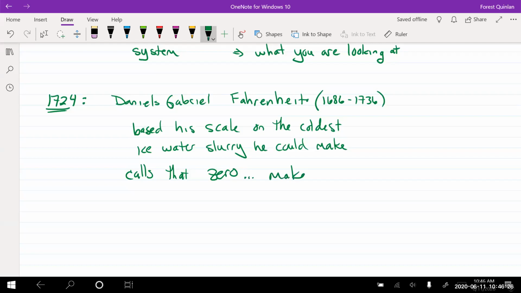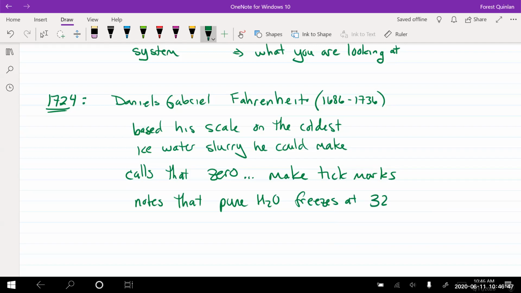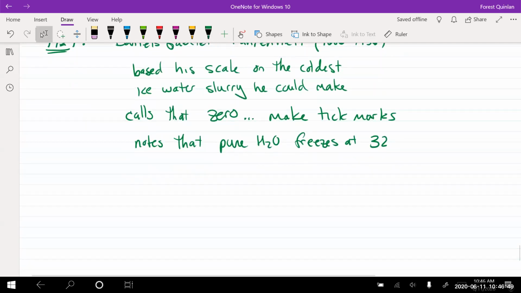Makes tick marks. And he notes that pure water freezes at 32. He makes 180 ticks.